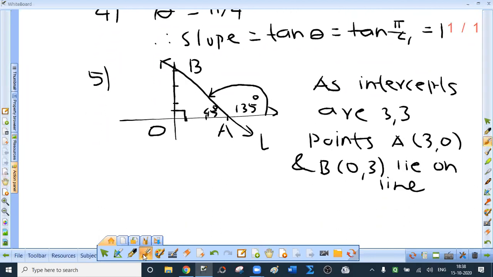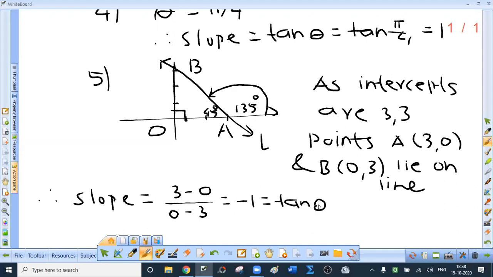Therefore, slope is nothing but y2 minus y1, that is 3 minus 0, upon x2 minus x1, 0 minus 3, that is minus 1, equal to tan theta, where 0 degree is less than or equal to theta less than 180 degree.